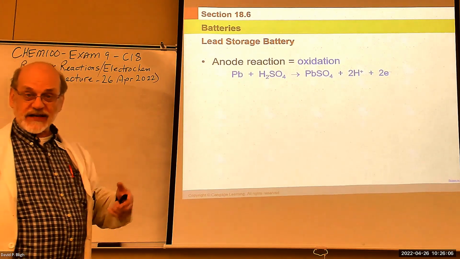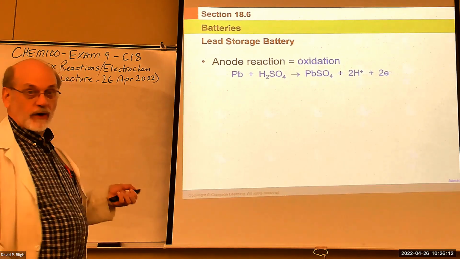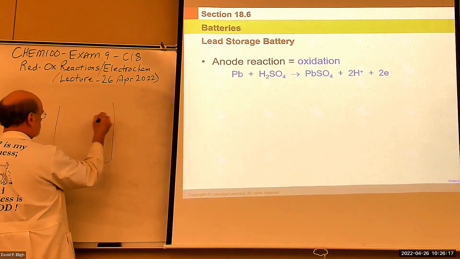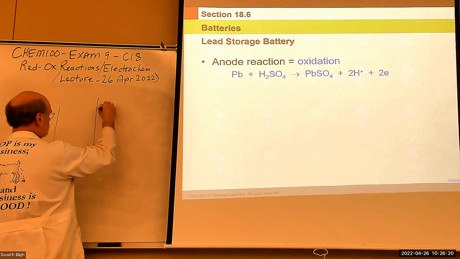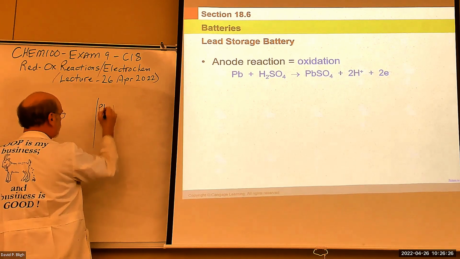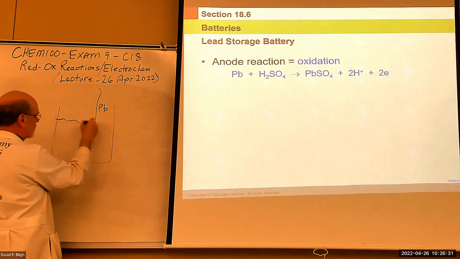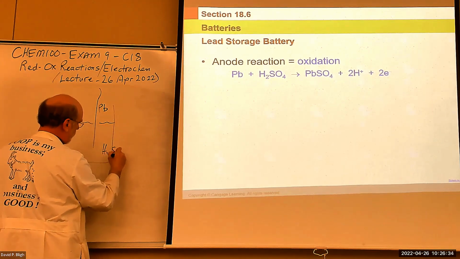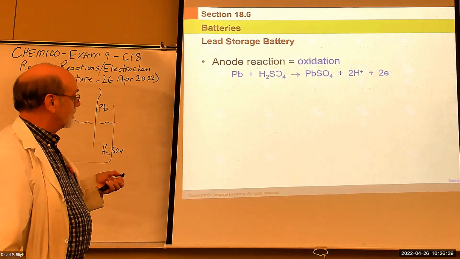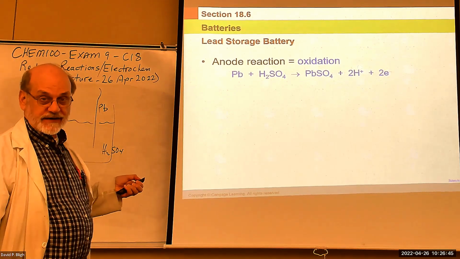The anode reaction, the oxidation, takes place where lead in one plate of your battery is submerged in sulfuric acid. So there you have your lead, there you have your sulfuric acid, and this lead undergoes oxidation.